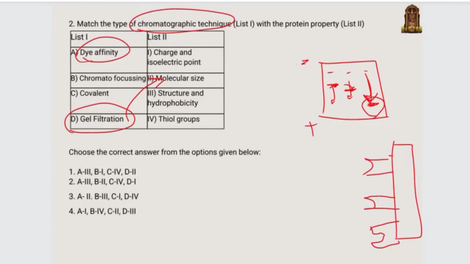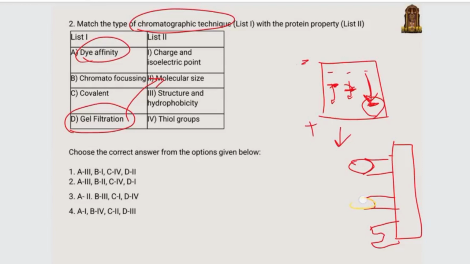Depending on the structure and the hydrophobicity, the dye will be hydrophobic in nature. In some cases, if you want to separate hydrophobic protein molecules, or protein molecules having a specific structure, then you can use dye affinity. So here you will run the proteins from that side, and the specific structure will come and bind here.